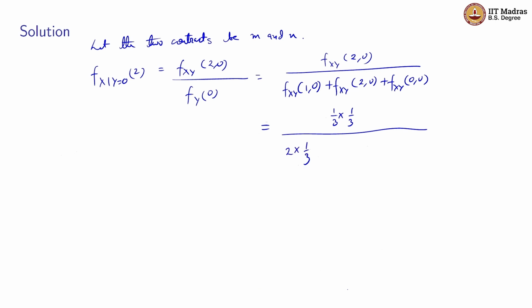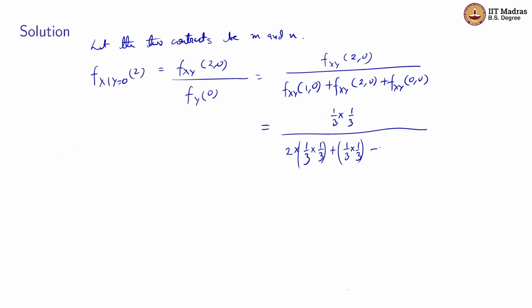This 1 by 3 is for a contract being assigned to firm A, and the other 1 by 3 is for the other contract being assigned to firm C, and 2 because there are two distinct contracts here. And for the joint probability of X equal to 2 and Y equal to 0, this will be 1 by 3 into 1 by 3, as both the contracts are assigned to firm A.